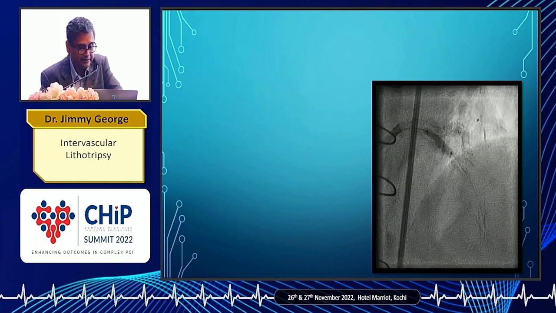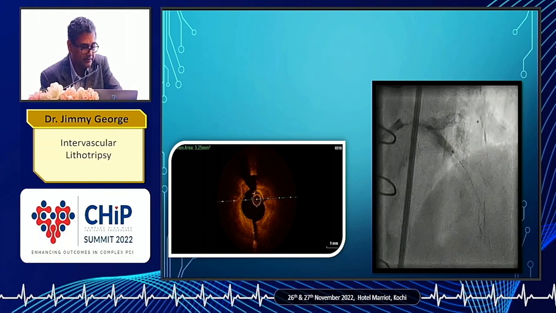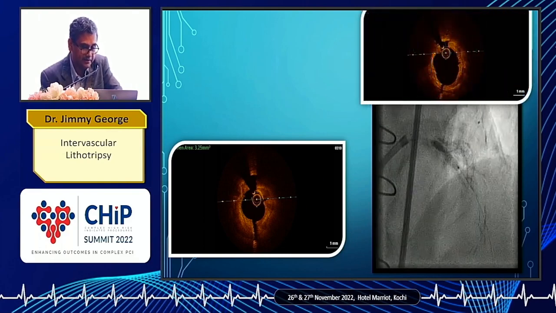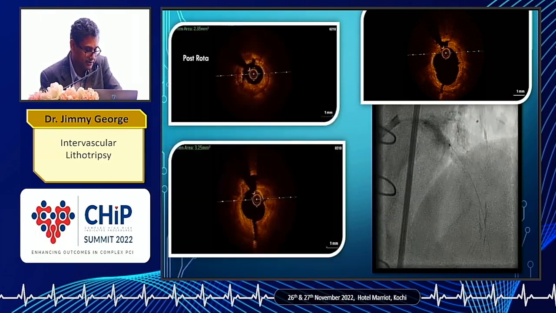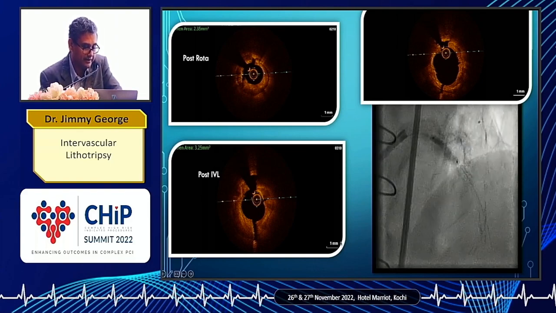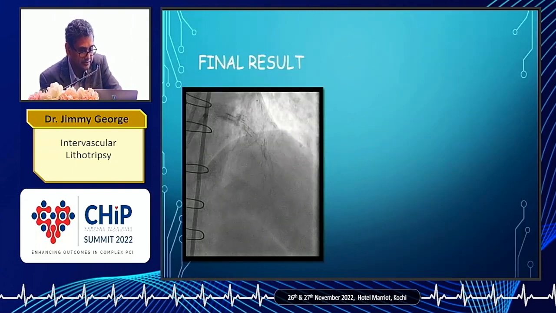And this is a 3 IVL balloon, and you can see the increase in the lumen area after the IVL and the entire chunk of calcium being cut. You can see the IVL cracks over there, and that's the post-rota, and this is the post-IVL. Significant improvement in the lumen area, which will not compromise stent expansion. So that was the final result.